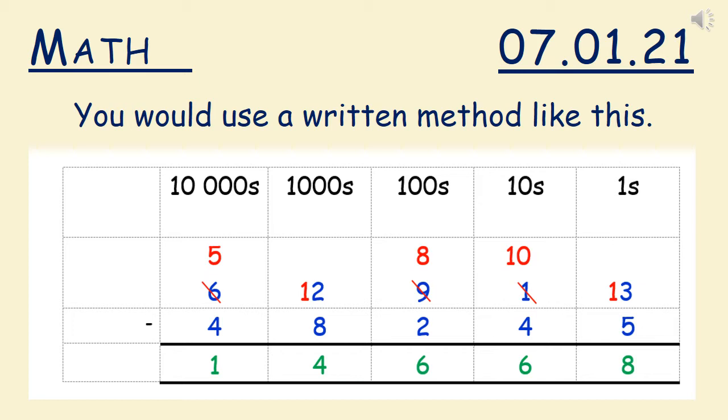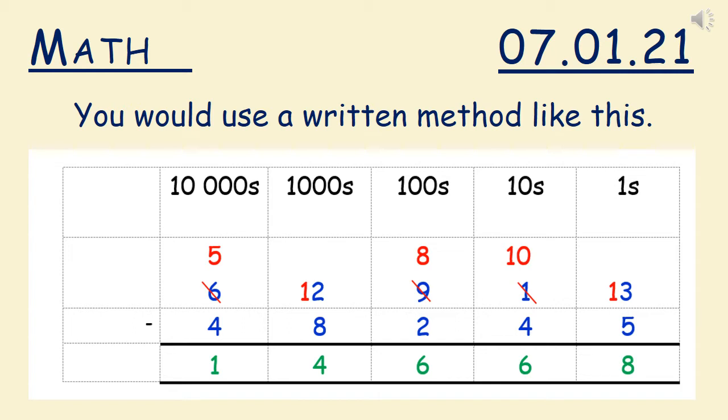Next, we move to the tens column. Now currently we have no tens in there because we took from the tens column and placed it into our units. So 0 take away 4, again, creates a negative number. So let's take 100 from our hundreds column. We now have 100 take away 40, which leaves 60.